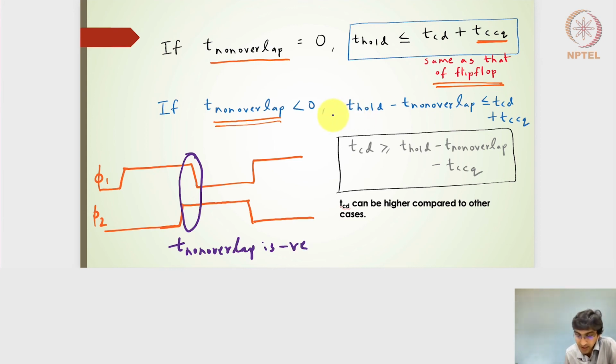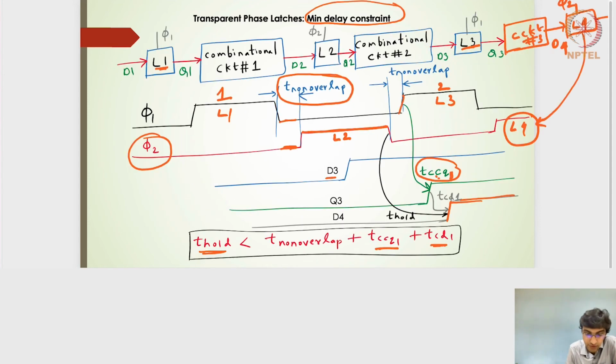In this negative case, if I go back to the previous slide, if T non-overlap becomes negative, the TCD which I am supposed to design for the combinatorial circuit changes. TCD plus TCCQ should be greater than T-hold minus T non-overlap, but T non-overlap is itself negative.